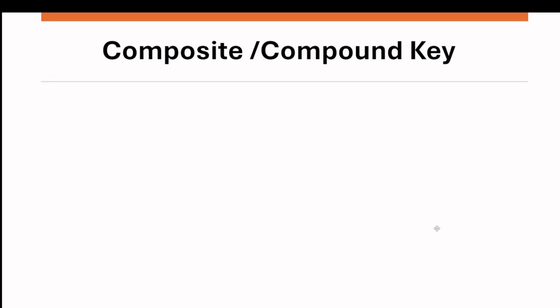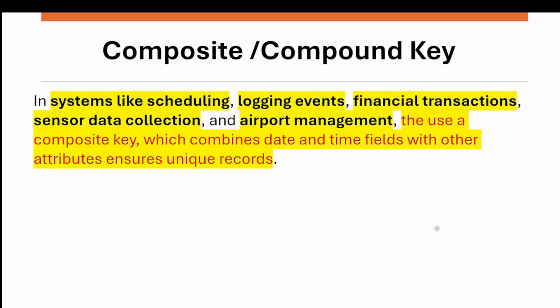Now, in certain special cases or in certain systems like scheduling systems, logging events, financial transactions, sensor data collection, and airport management systems, there's a need to use composite keys when you want to create a primary key. To do that, it is advisable to use date and time fields in combination with other fields to form that composite key.